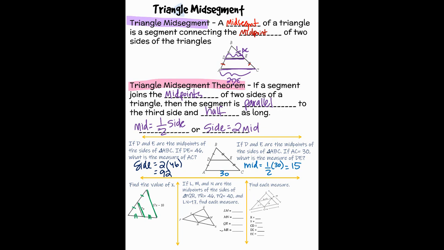So we need to find x. So the easiest way to do these is to take the side of 17x minus 18 and set it equal to 2 times the midsegment. And I solve that, x equals 6.